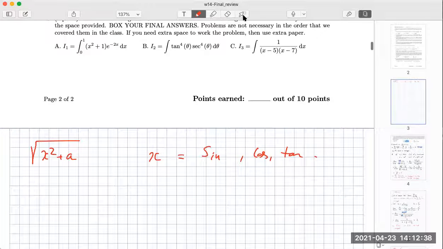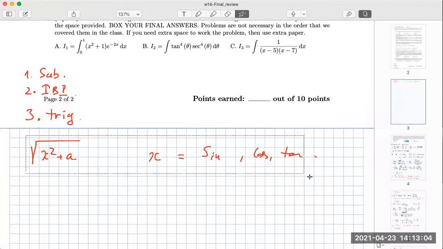So what else should we remember about integration here? So which one can we use? Integration by parts, substitution, and trig function, right? Those are things we still remember.